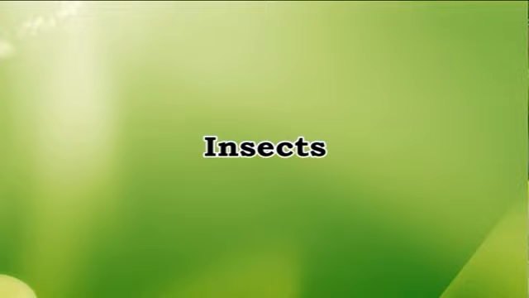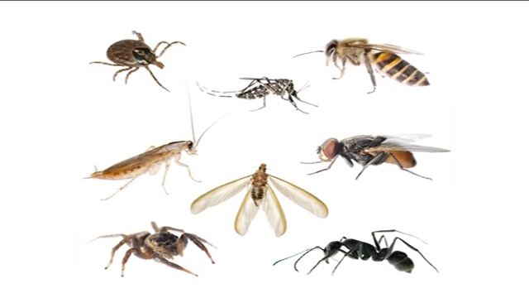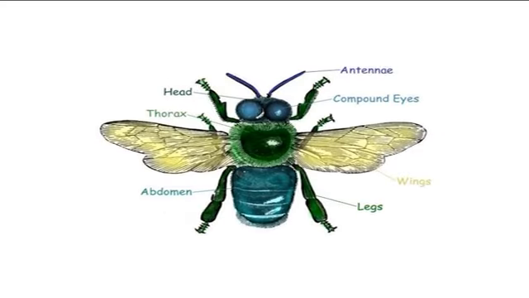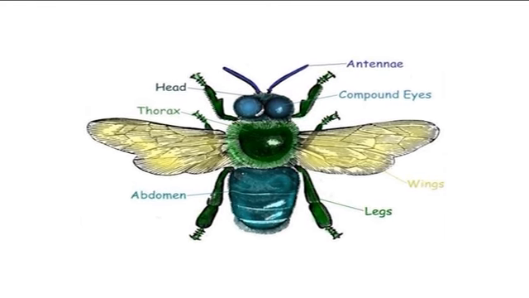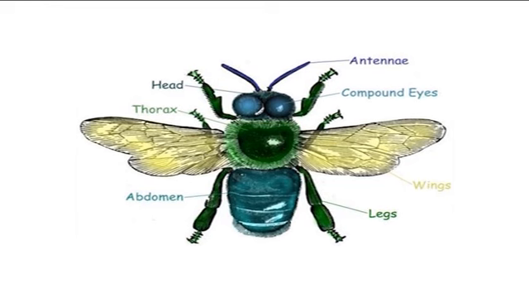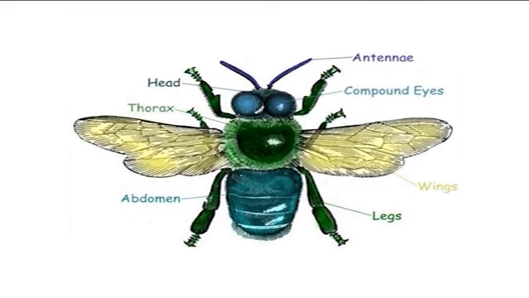Types of pest. Some of the important types of pests are: Insects. These are important and major pests. Insects have 3 pairs of legs, 2 pairs of wings, a segmented body and characteristic compound eyes and antennae.